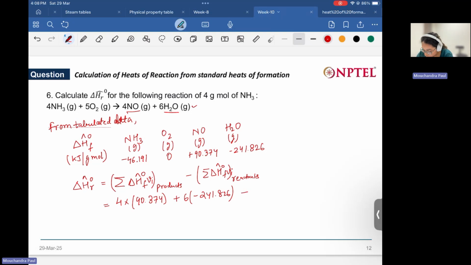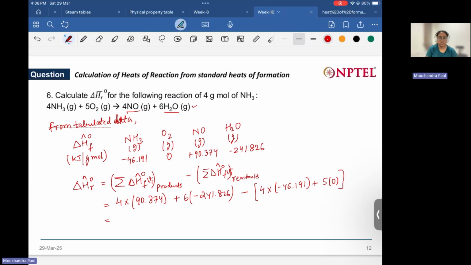For reactants, it is 4 into minus 46.191 plus 5 into 0.